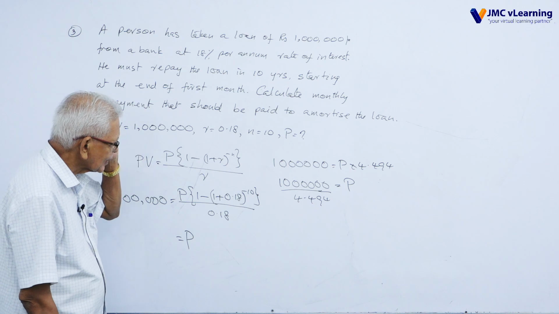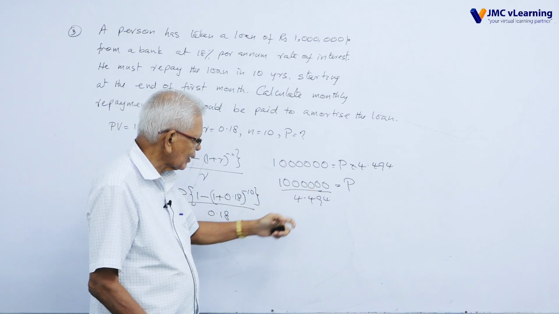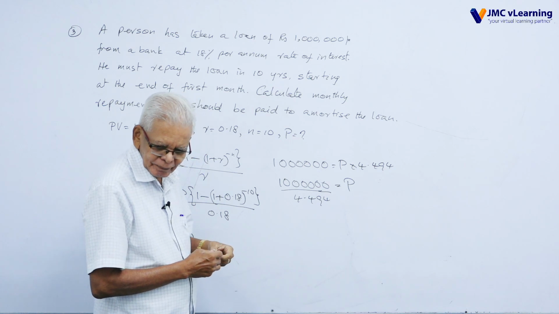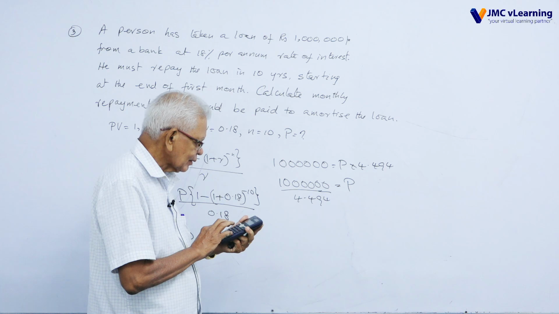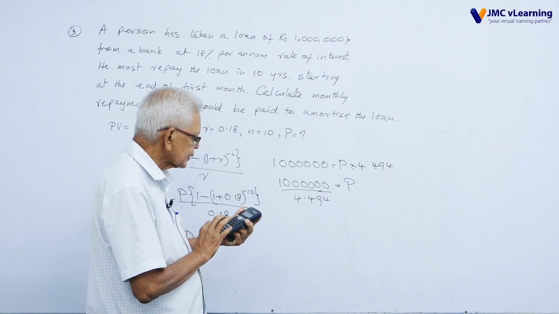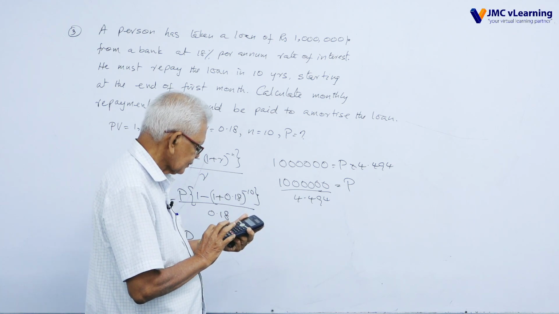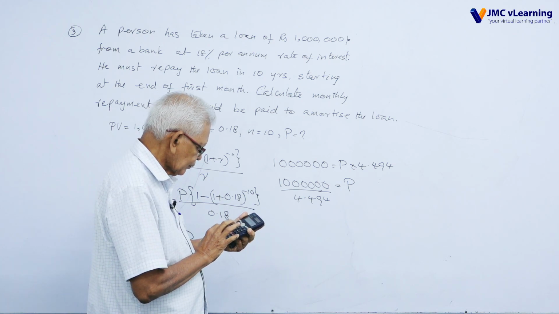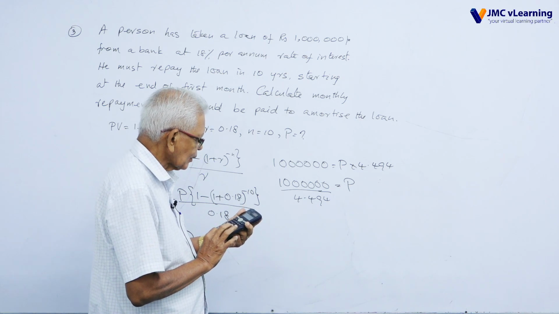So when you divide by that, we calculate 1 million divided by 4.494 with the other decimals, and yes, there are some other values.